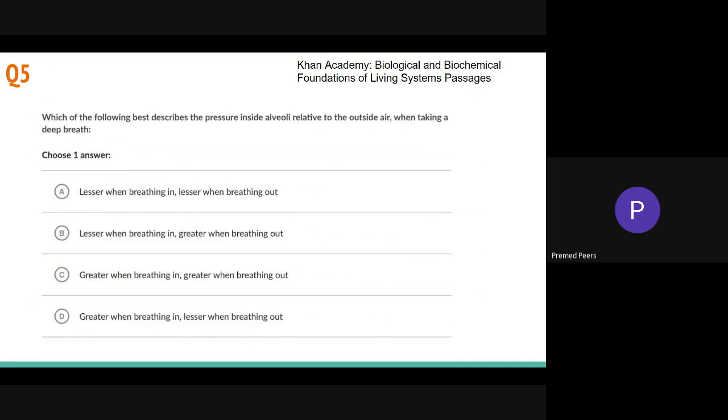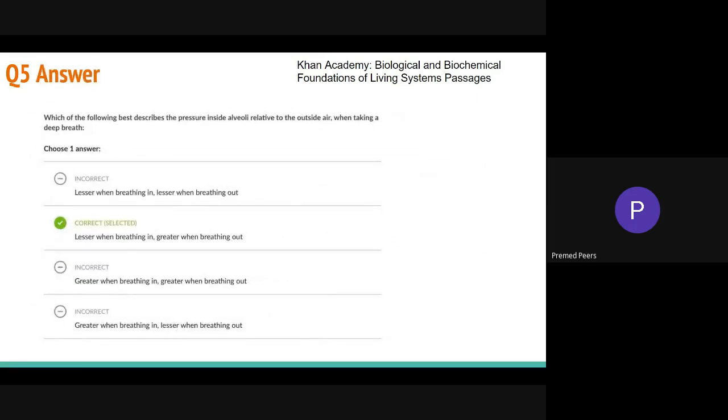And then for that air to rush out, it wants to go down to a lower pressure. So the lower pressure must be the outside environment, which means that the alveoli must be of a higher pressure at that point. That's how we get answer choice B. You could also use Boyle's law to some degree.